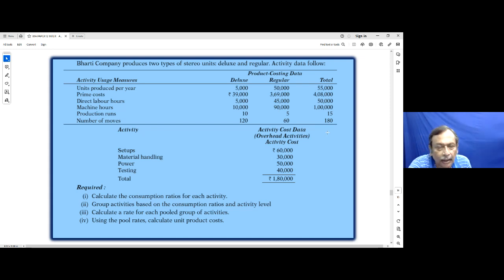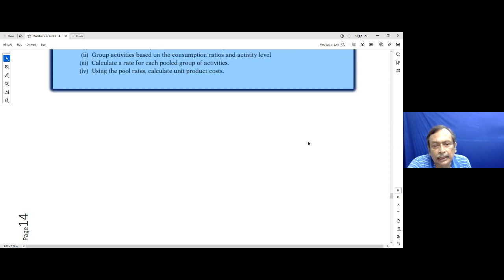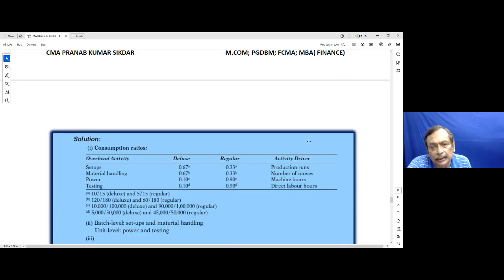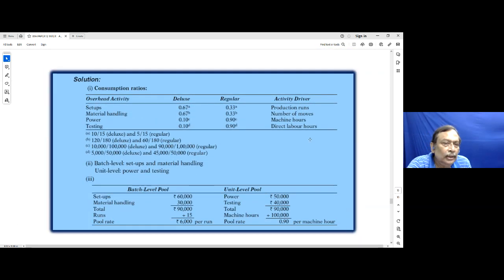Mind it. Now we are going to calculate the different consumption ratios. How? 10 divided by total 15 for deluxe and 5 divided by total 15 for regular, and it comes to, in 2 decimal places, deluxe 0.67 and regular 0.33.